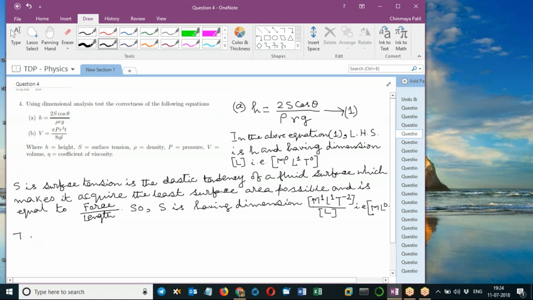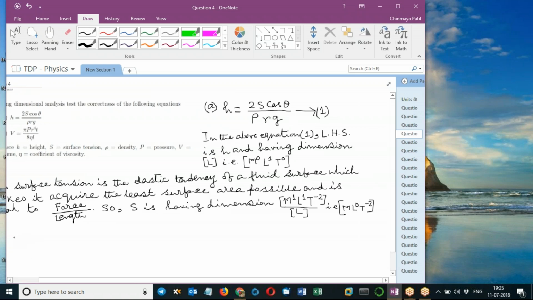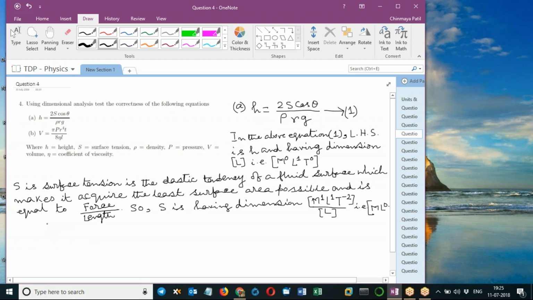So here I am going to write that trigonometric ratios are dimensionless.